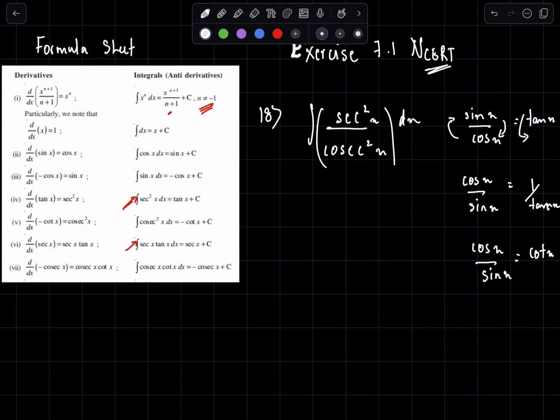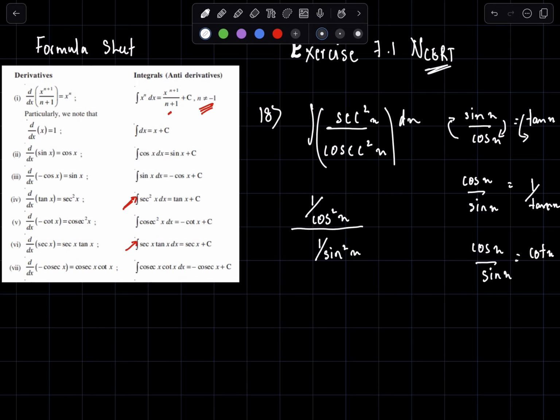So what is secant? How do I write this in terms of sine and cosine? Secant square is 1 over cos square x, and cosecant is basically the inverse of sine, so cosecant square is 1 over sine square x.